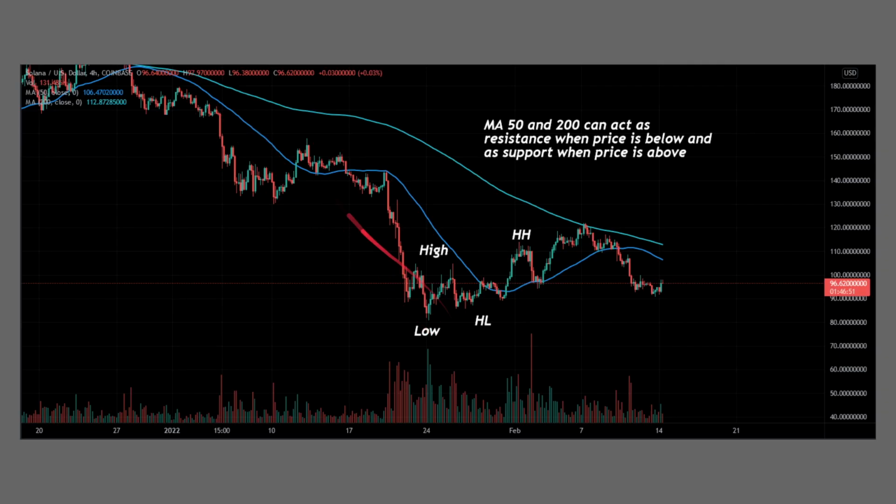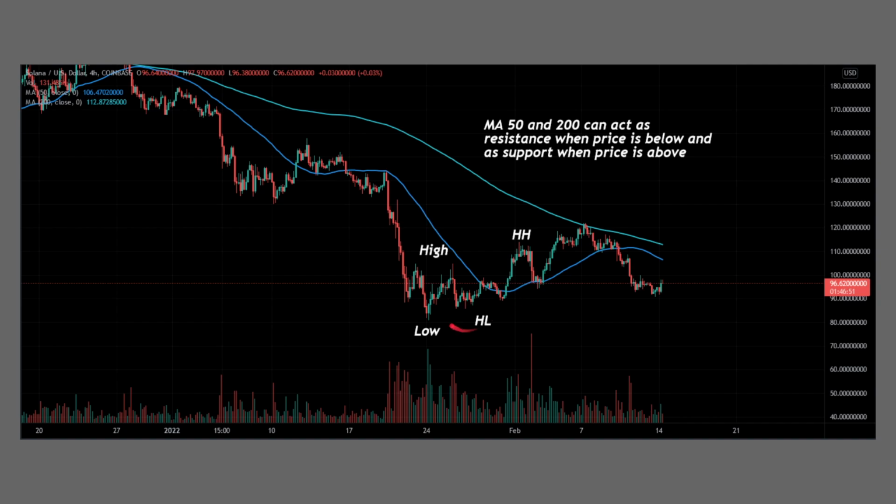Just generally, prices are coming down. Here we have the moving average, the 50 line in the blue color, and the moving average 200 line in the bluish green, this lighter color. So this is our 200 period moving average, and the 50 period.